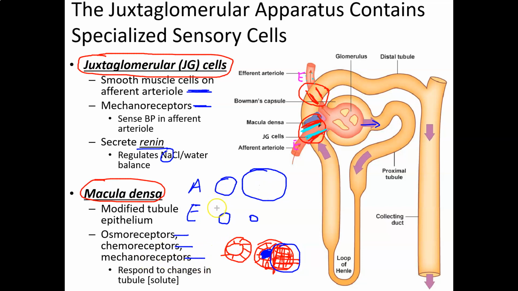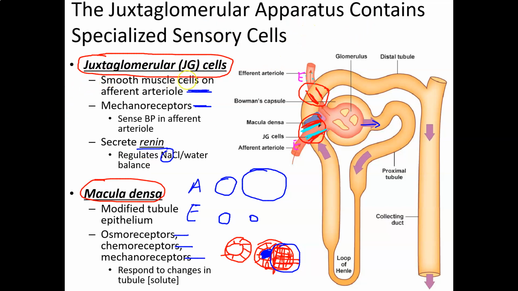And now there's some evidence there might even be some flow receptors, and we're not really exactly sure how they work, but certainly stretch, pressure, and flow are things that we'd want to look at, both of the efferent and afferent arteriole, as well as the tubules. And so what they do is they respond to changes in the tubules and make appropriate changes within the arterioles. So that's the macula densa, which is one part of the juxtaglomerular apparatus.